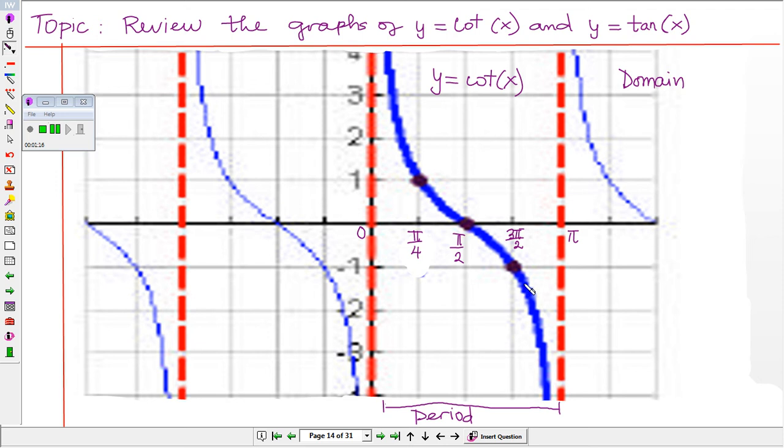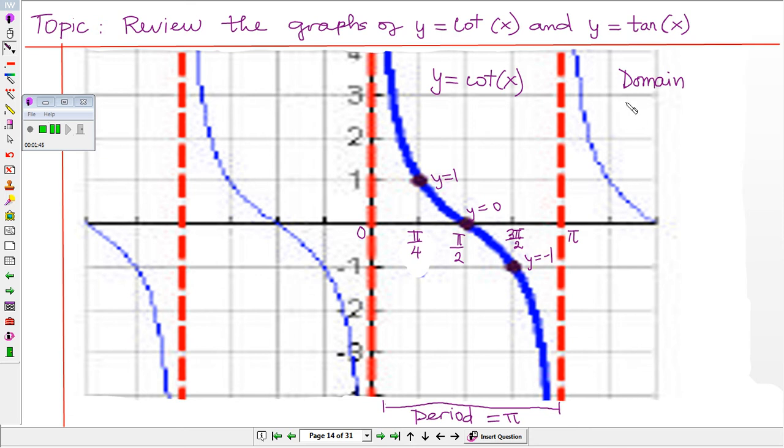Now the pattern of the cotangent has three y values: y equals 1, y equals 0, and y equals -1. And then of course it just repeats itself again. So you can see on the left hand side y equals 1, y equals 0, and y equals -1, and the period is pi.